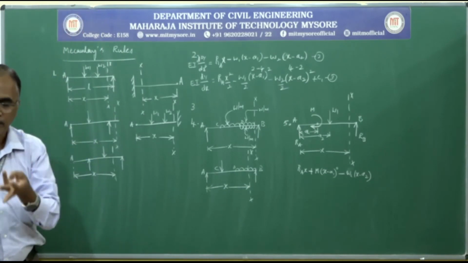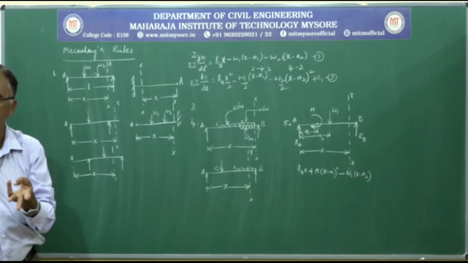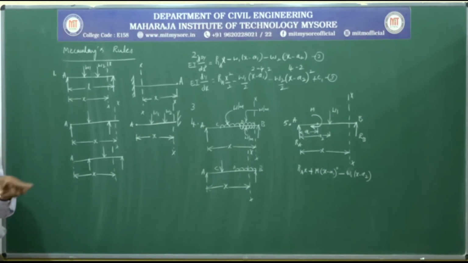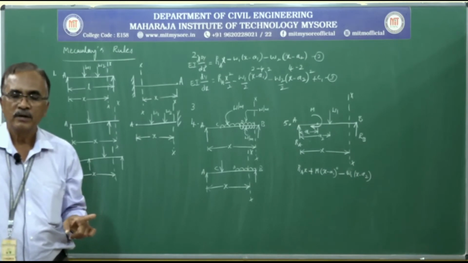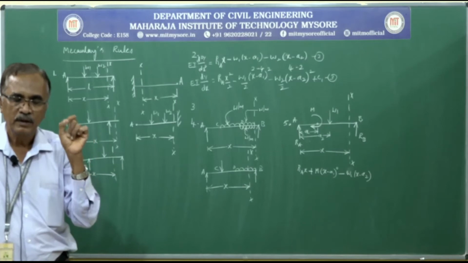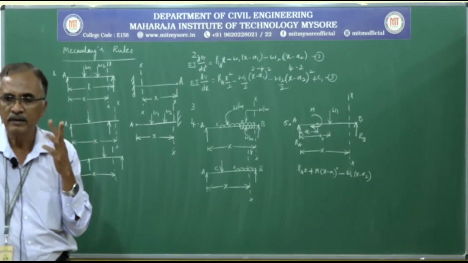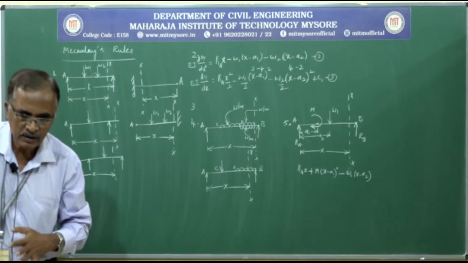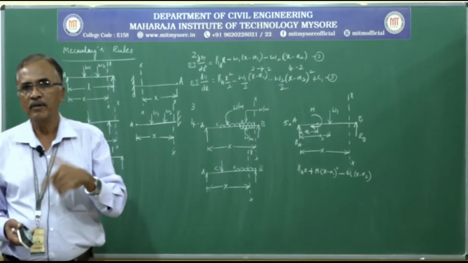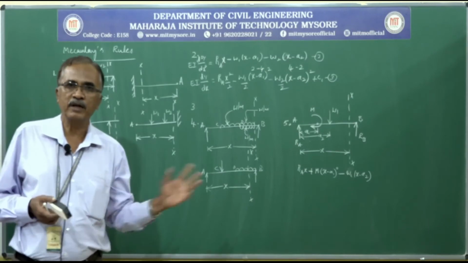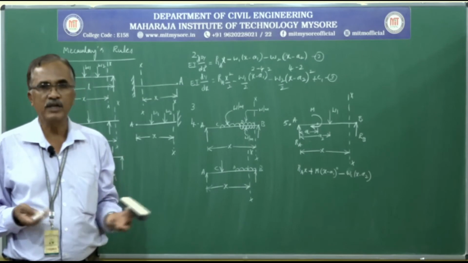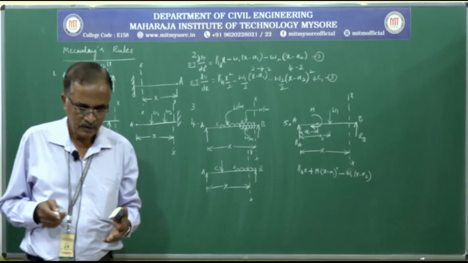So the sign convention for support reactions is the same. We consider all the forces acting on the beam including the support reactions, and again here we calculate the support reactions by applying the known equilibrium conditions. To begin with, we apply the moment equilibrium condition, and then we apply the vertical force equilibrium condition. We can calculate the reactions at the supports.